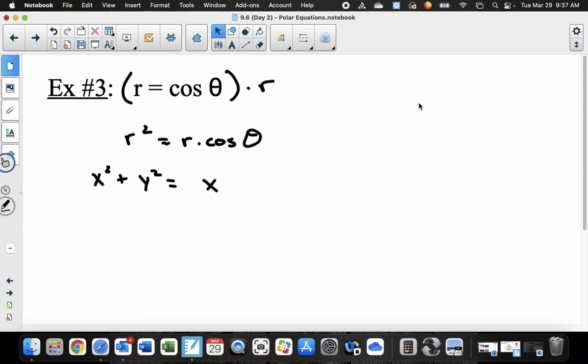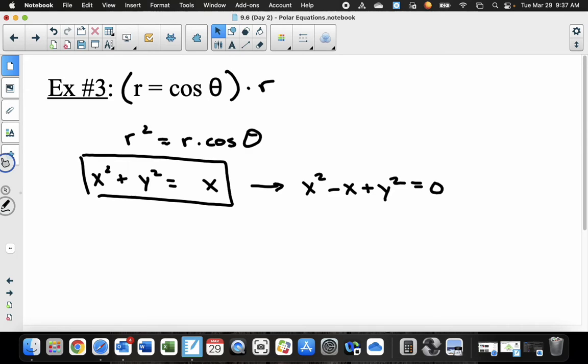If you get this, but the answer key says x squared minus x plus y squared equals 0, or some version of that, recognize that those are the same thing. I'm perfectly fine with you stopping right here: x squared plus y squared equals x. Everything else is just because. There's not a real great reason to do it otherwise.